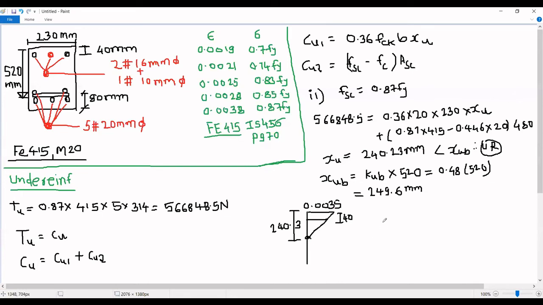So what do we get? The strain in compression steel divided by 240.3 minus 40 is going to be equal to 0.0035 divided by 240.3.